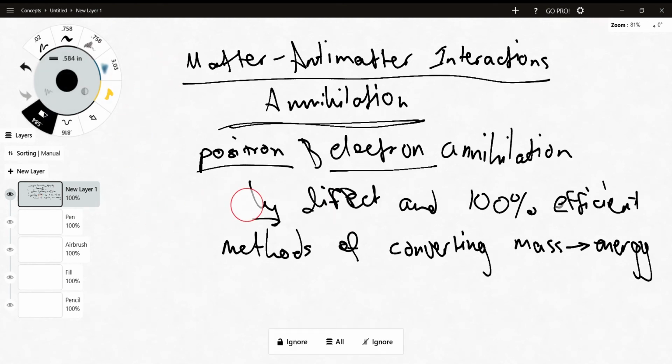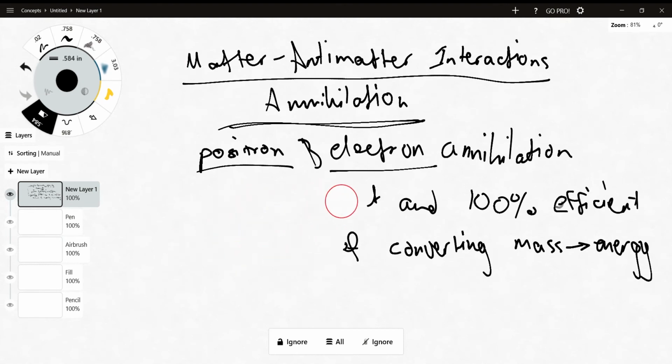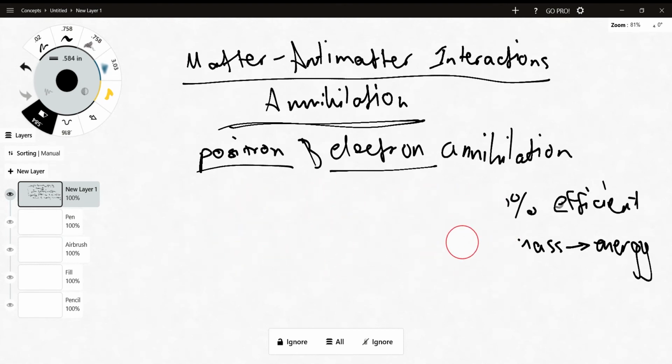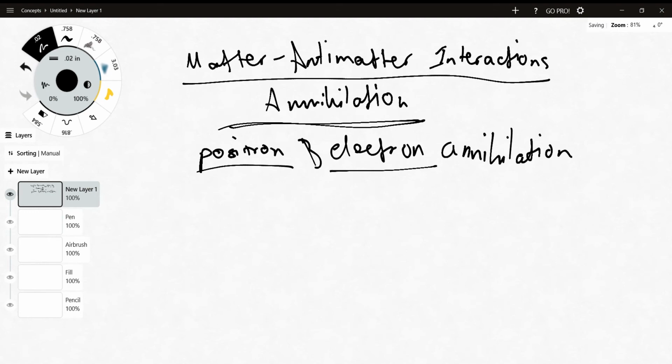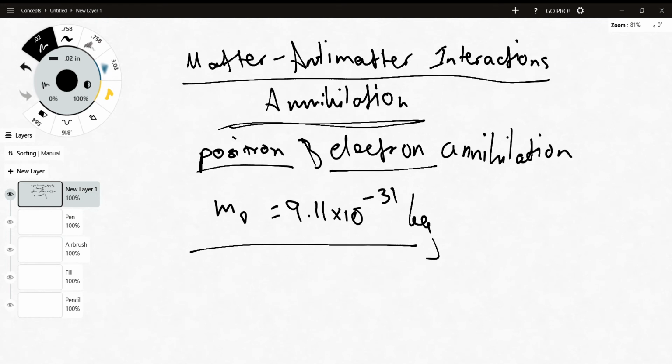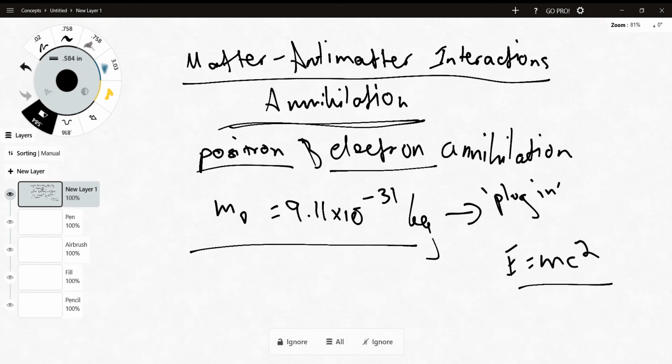Even though this is an interaction that's changing over time, we can say with confidence that knowing the mass of an electron, m0 equals 9.11 times 10 to the minus 31 kilograms, we can plug it into E equals mc squared. That's the relation for our rest mass.